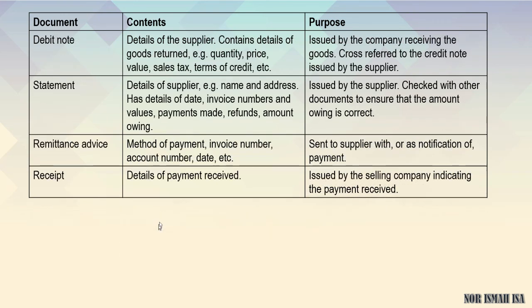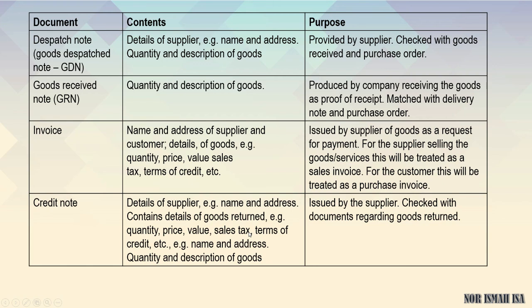And then credit note. A credit note is issued by the supplier to state that the debt of the trade receivable has been reduced due to returning of the goods. So the content is about the goods being returned, quantity, the name and address of the buyer, also the detail about the supplier.